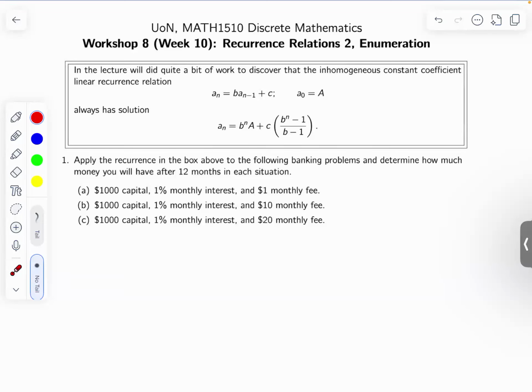Okay, so the direct formula has been given. The direct solution of the linear recurrence. You see that a_n equals b times a_{n-1} plus c. So it's this one and this one.